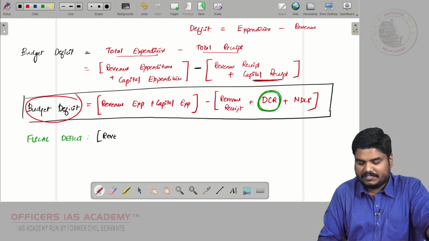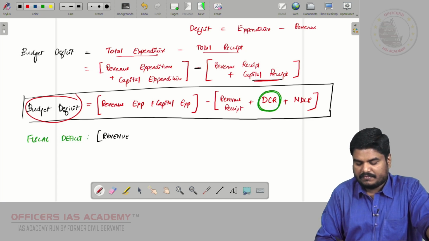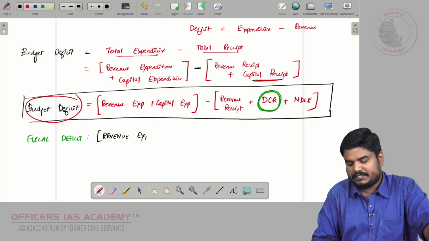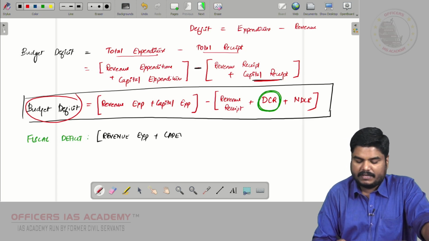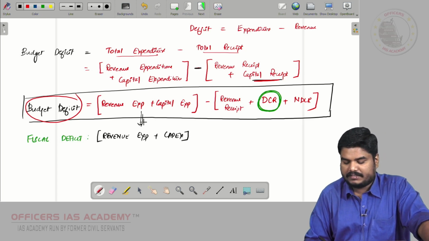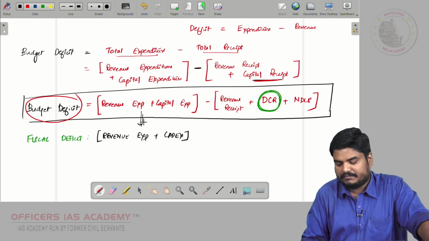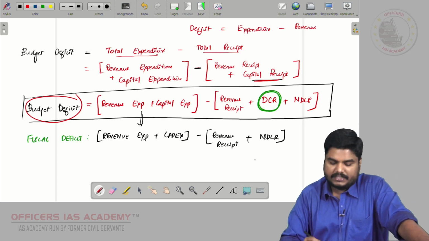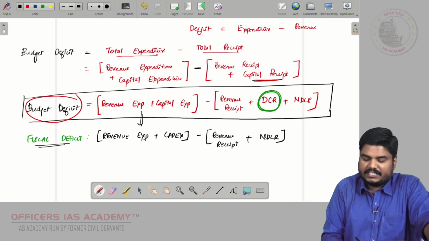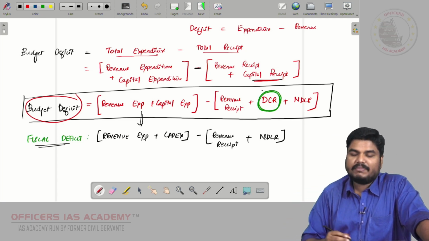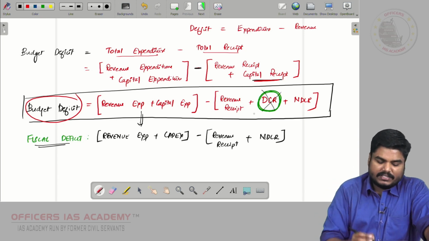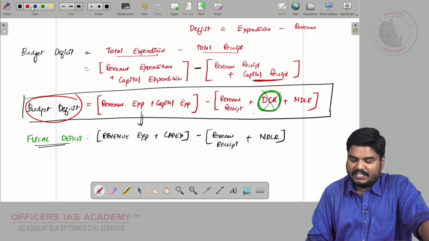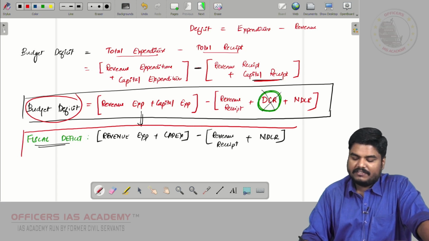my revenue expenditure plus capital expenditure, right? So this part is completely the same, minus revenue receipt plus NDCR. So what you have to do is, in the fiscal deficit definition, you simply remove this debt creating part from the budget deficit, then you will get the definition for fiscal deficit.